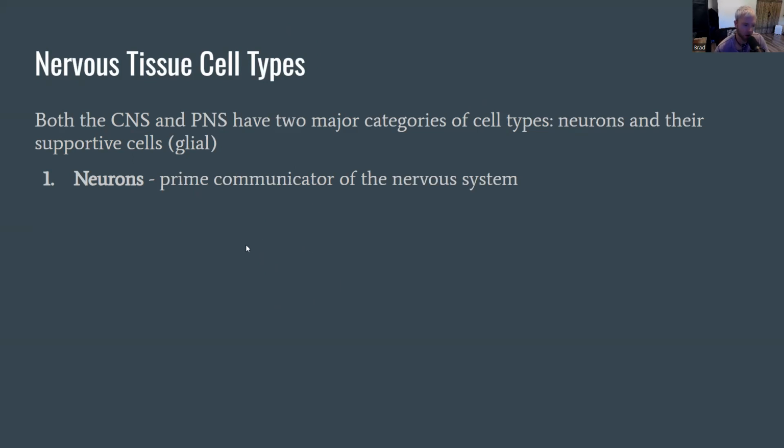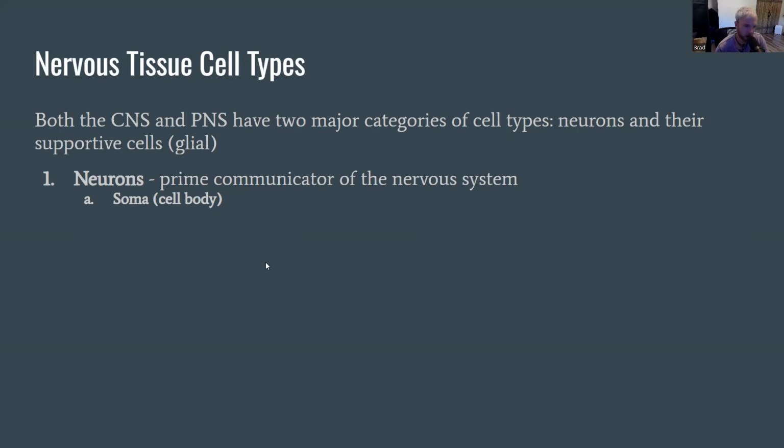We can think about neurons as the highway of traffic for communication within the body. These are the ones transporting signals from one location to another. Neurons have several different structures associated with them. These should all be familiar from our section on nerves in module 1 in our first practical. There's a cell body, sometimes called a soma.